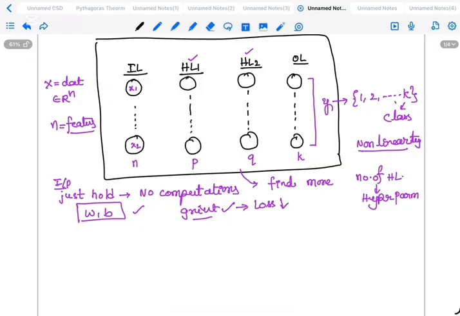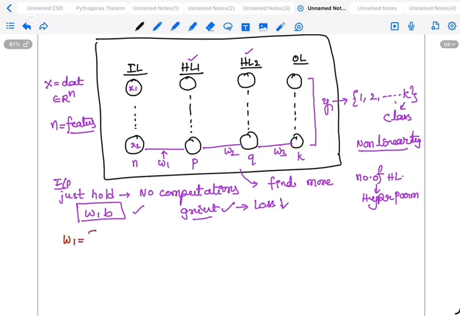The weight parameters in this layer are W1, in this layer W2, in this layer W3. These are weight matrices, and now the sizes of the weight matrices.